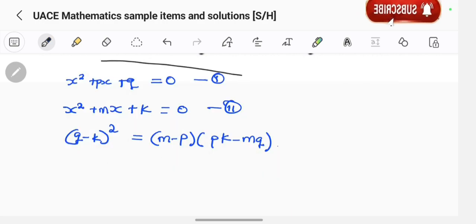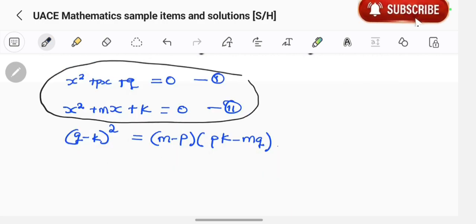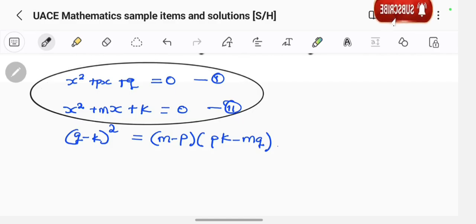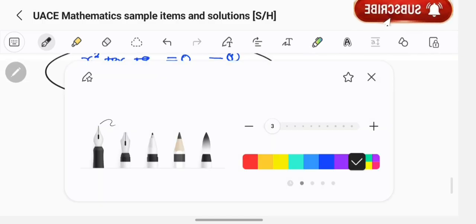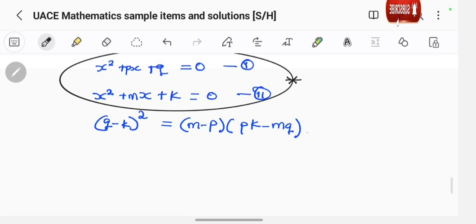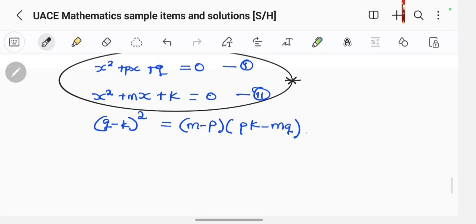So in this number, we shall begin from what they have given us. We shall not use that part of that kind of proving where we say left hand side is equal to right hand side. No. We shall begin from known to unknown. So that one is our summary. I'm going to start with trying to manipulate this.